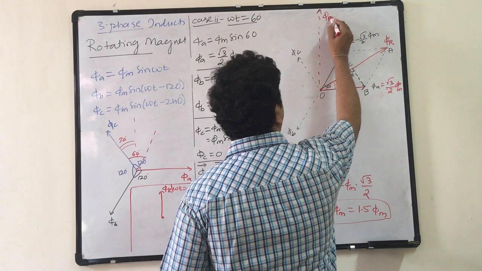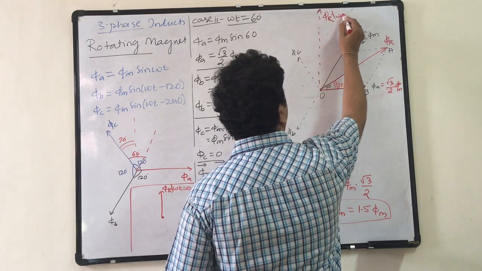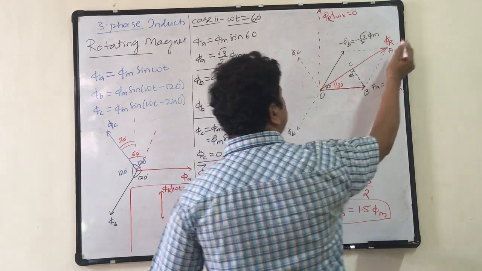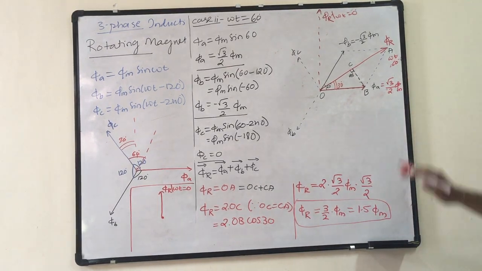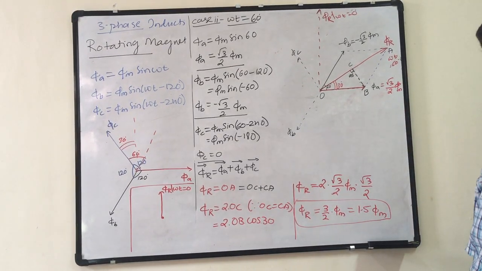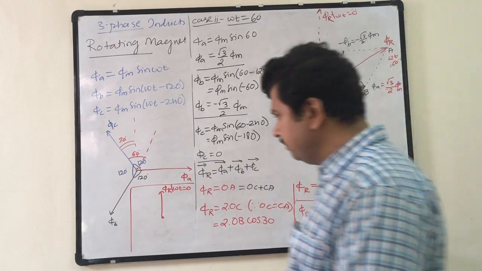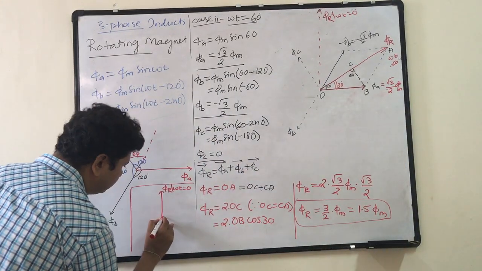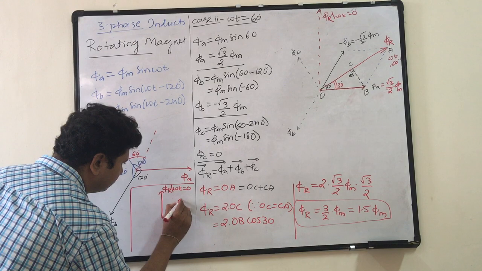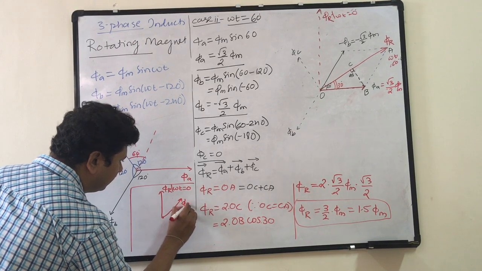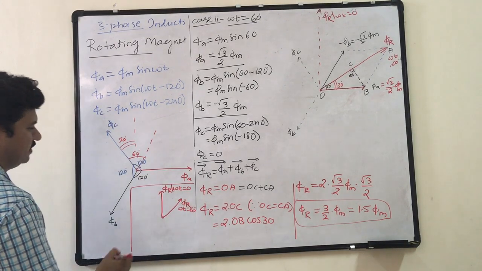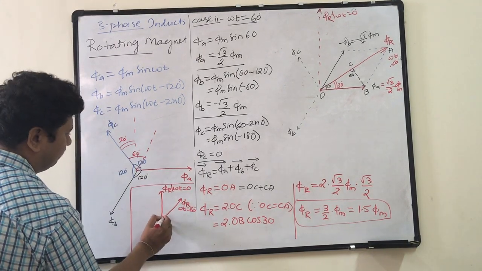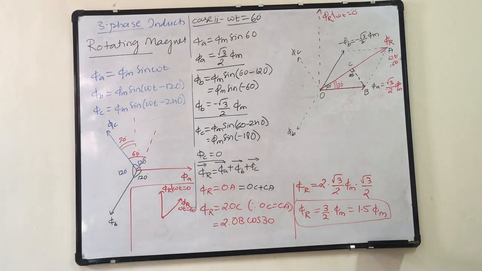This was phi r at omega t equals 0. Now this is phi r at omega t equals 60, so it has rotated through 60 degrees. The new position of phi r is here. Magnitude is the same, 1.5 phi m.